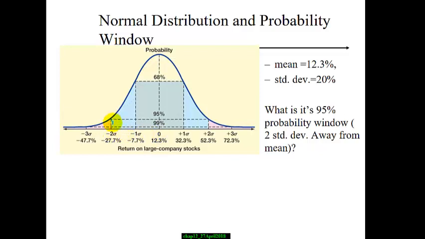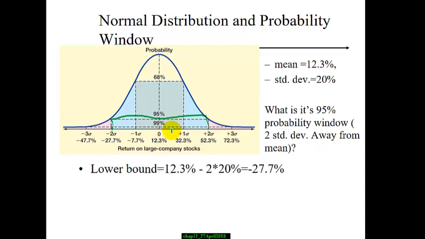The 95% window is 2 standard deviations away from the mean. So we will simply use the mean 12.3% plus or minus 2 times the standard deviation 20% to find the lower bound and upper bound of the 95% probability window.